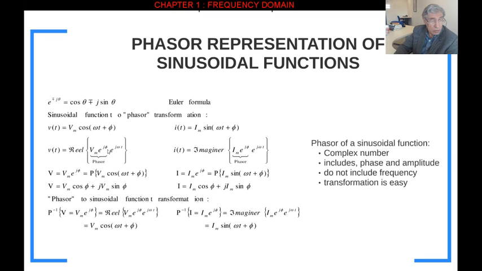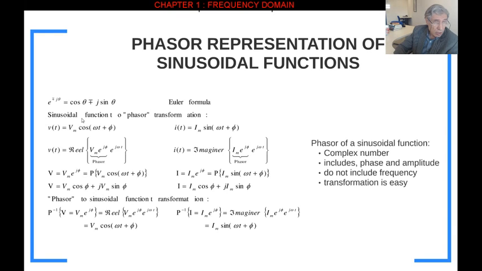All you have to do is multiply by e to the power j omega t and take the real part of it. Or in short, when you have the phasor of this signal, you write cos omega t as part of it, because we know the source frequency is going to be the same for the element currents and voltages.